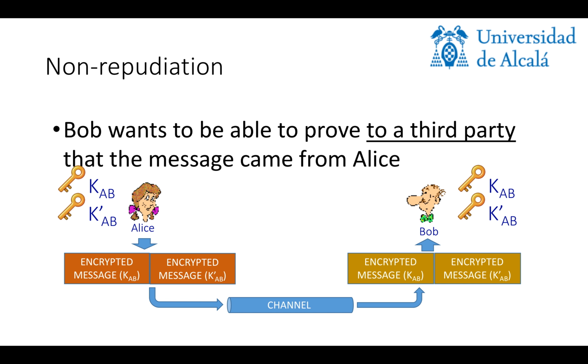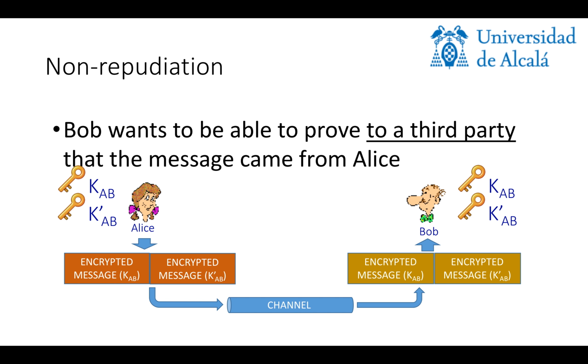Now, the last of the message security services we're going to cover in this video is non-repudiation. In this case, Bob wants to be able to prove to a third party that the message came from Alice. And here, interestingly, the construction we are using provides authentication, but does not provide non-repudiation.